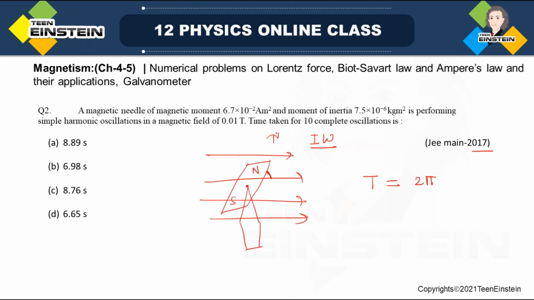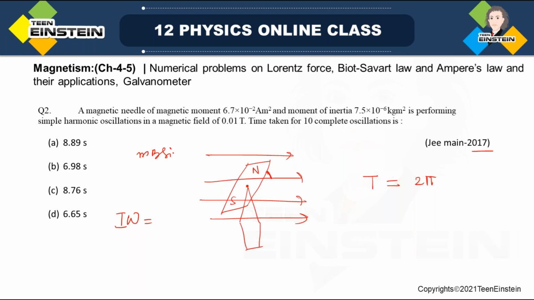If I is the moment of inertia, note that I is not the current over here, and the torque is mB sine theta, the magnetic moment times B sine theta, where theta is a small angle.